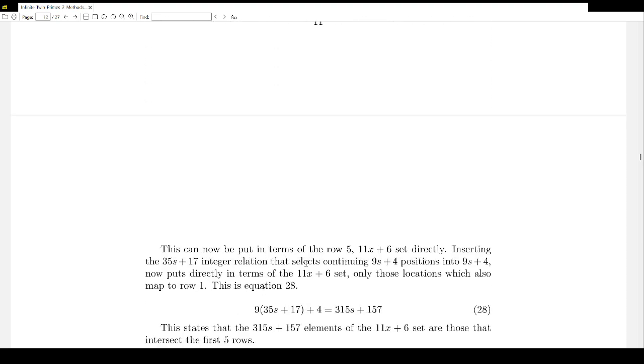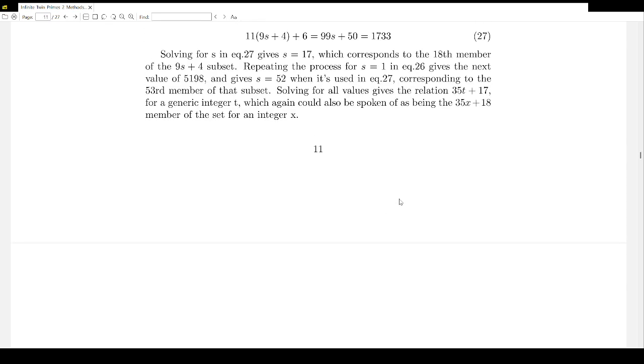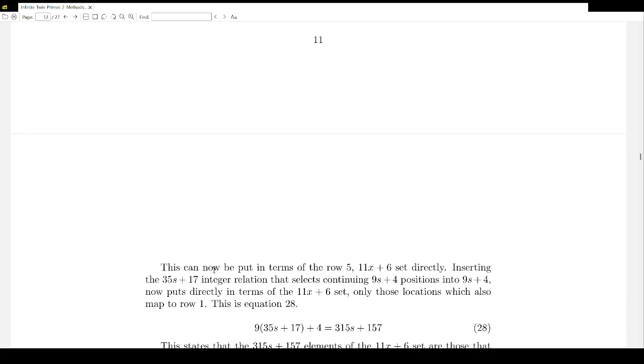This can now be put in terms of the row 5, 11x plus 6 set directly. Now you're just starting to see this pattern, this operation and this technique that we're doing to build these numbers. So now we're going to insert that thing that we just figured out for our t value into the actual line value, that selects the continuing 9s plus 4 positions into 9s plus 4, and that will put it directly in terms of that 5th row, which is the 11x plus 6 set.